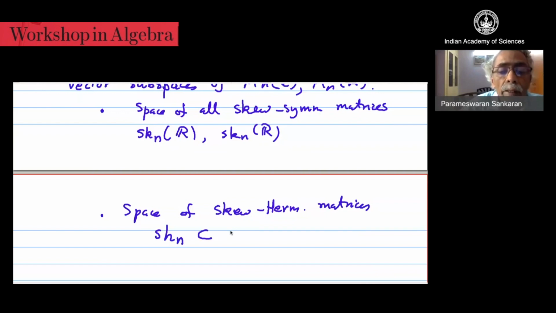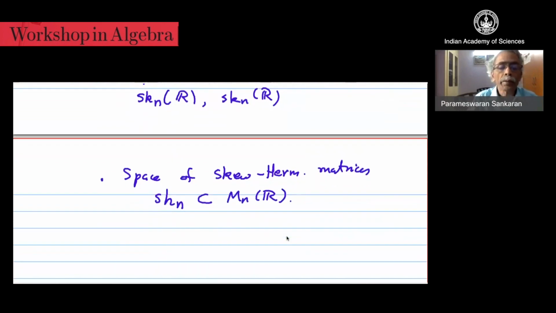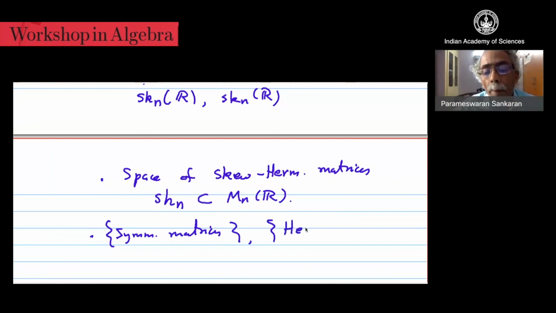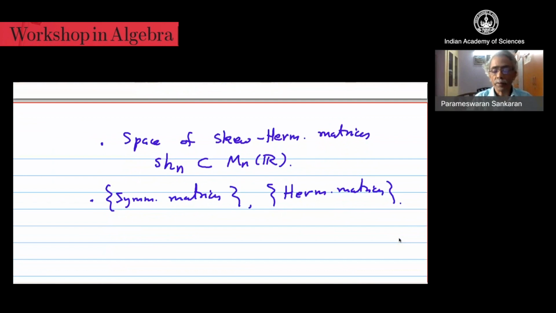This is necessarily contained in Mn of R. And then subsequently, the space of symmetric matrices and Hermitian matrices. So let me write all these and let's see what we get out of these things.